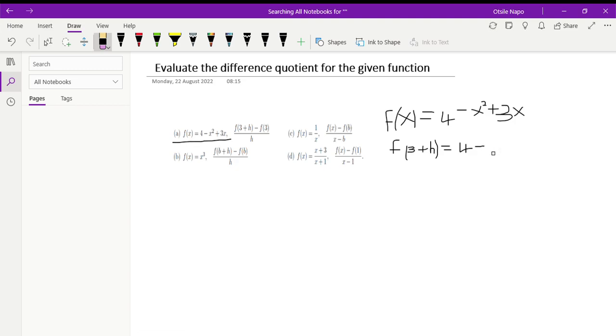Okay, nice. 3 plus h, both in a bracket, squared.